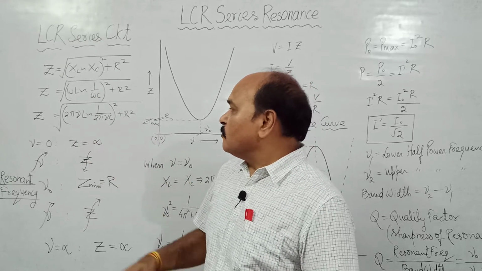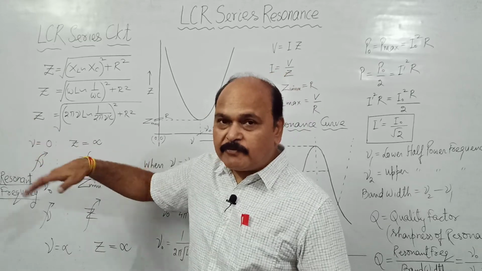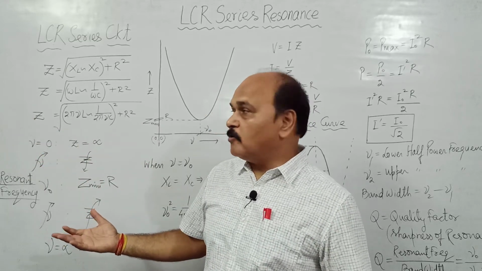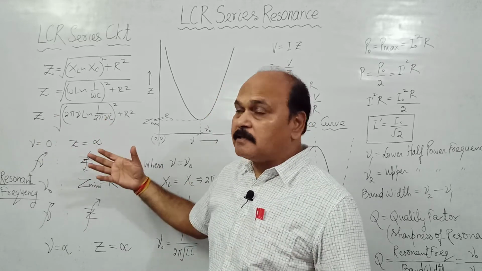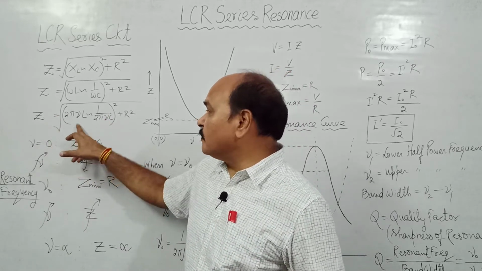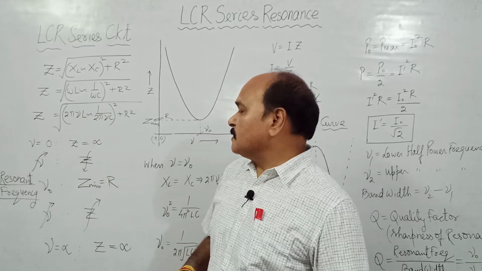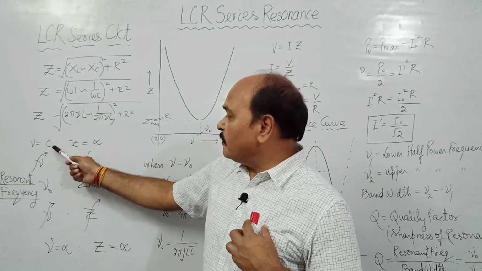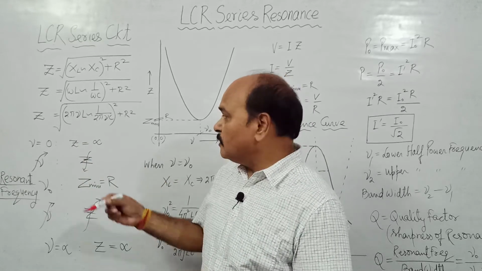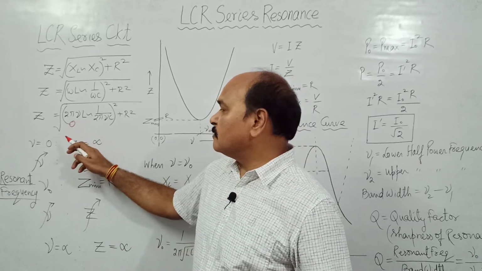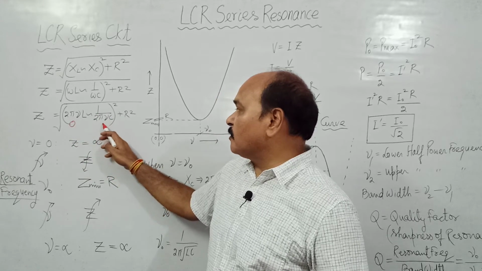Now see, how does this Z vary with frequency? We are going to plot a graph between Z and frequency. So let us understand the variation of Z with frequency. See children, when frequency is 0, this term XL is going to be 0. And this term XC is going to be what?